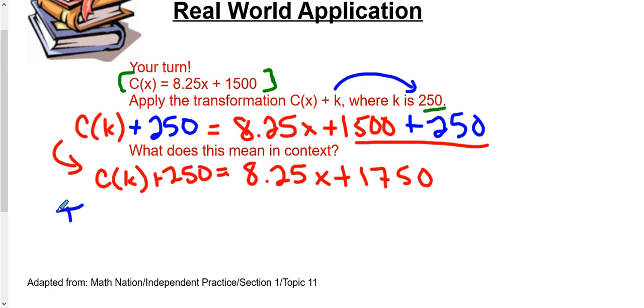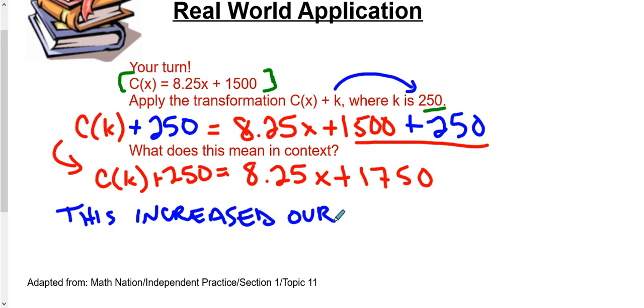Sorry about that. This increased our cost from 1,500, right? Oh, I'm very sorry. I said total cost. This isn't what we call the total cost. The 1,500 is the initial cost. That's my bad.